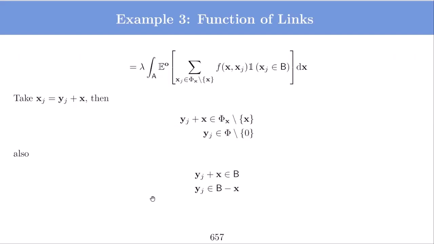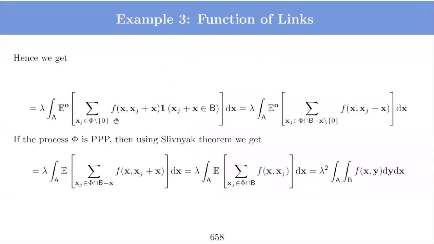So again, the condition xj belongs to B means yj belongs to B minus x. I am rewriting this expression in terms of the new variable yj, which is the relative distance of xj from x.